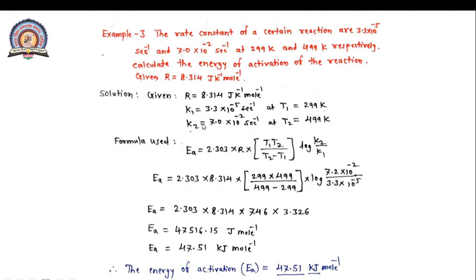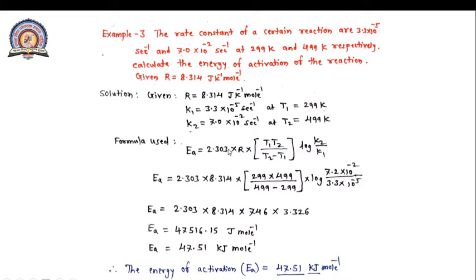Then K2, the rate constant, is equal to 7.0 into 10 raised to minus 2 per second at temperature T2, that is 499 Kelvin. Now the formula used: the energy of activation, EA is equal to 2.303 into R into T1 into T2 divided by T2 minus T1 into log K2 divided by K1.